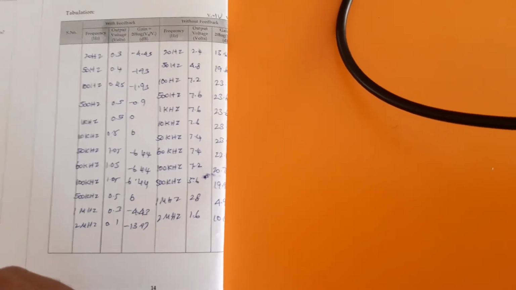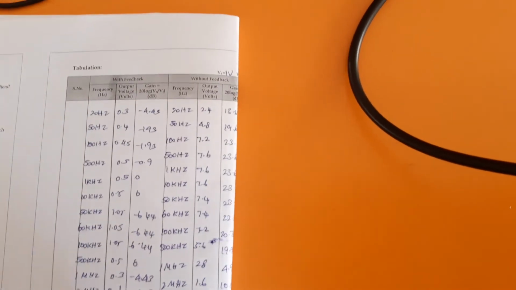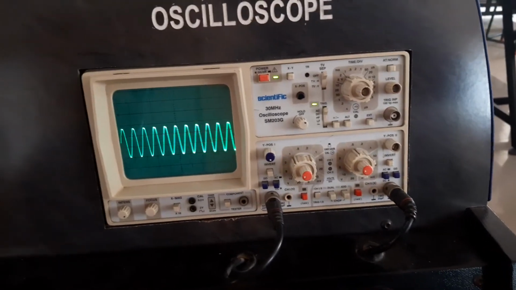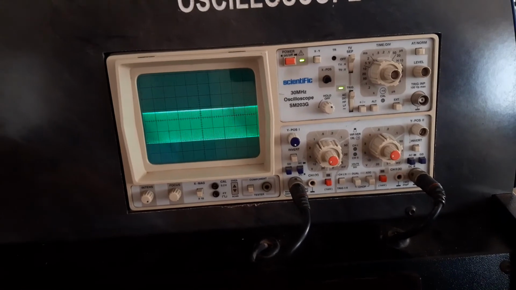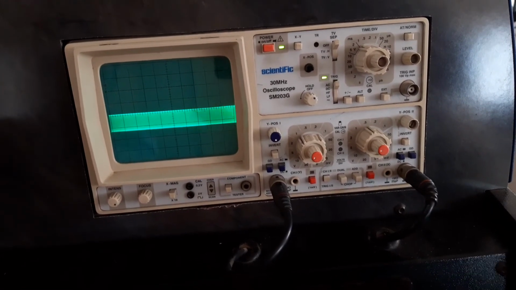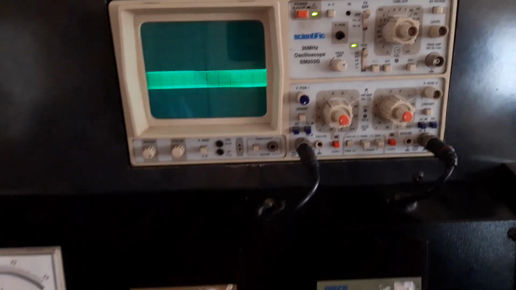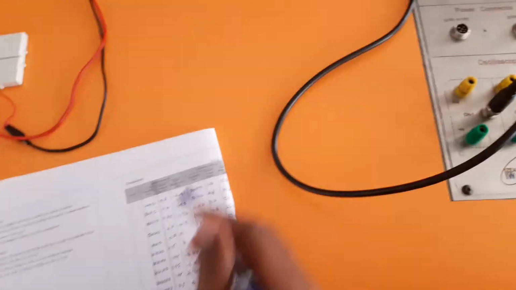As the frequency varies, the output waveform linearly increases, then a constant value is maintained after crossing, and then it decreases gradually. So we finally get a bell shaped curve. This is the output waveform, and then do the calculations using the gain formula.